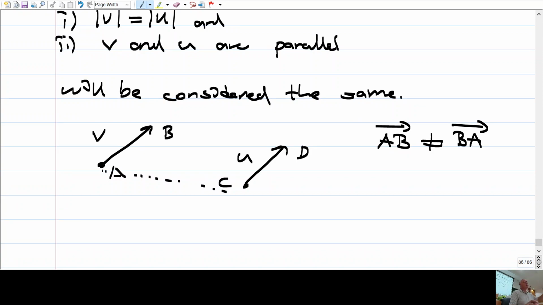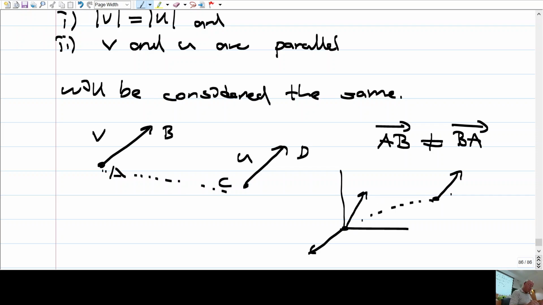This way, we can always translate a vector so that it starts from the origin, right? Because whenever you have a vector in 3-space, let's say you have a vector like this, you can just translate this point to the origin and you obtain a vector like this.